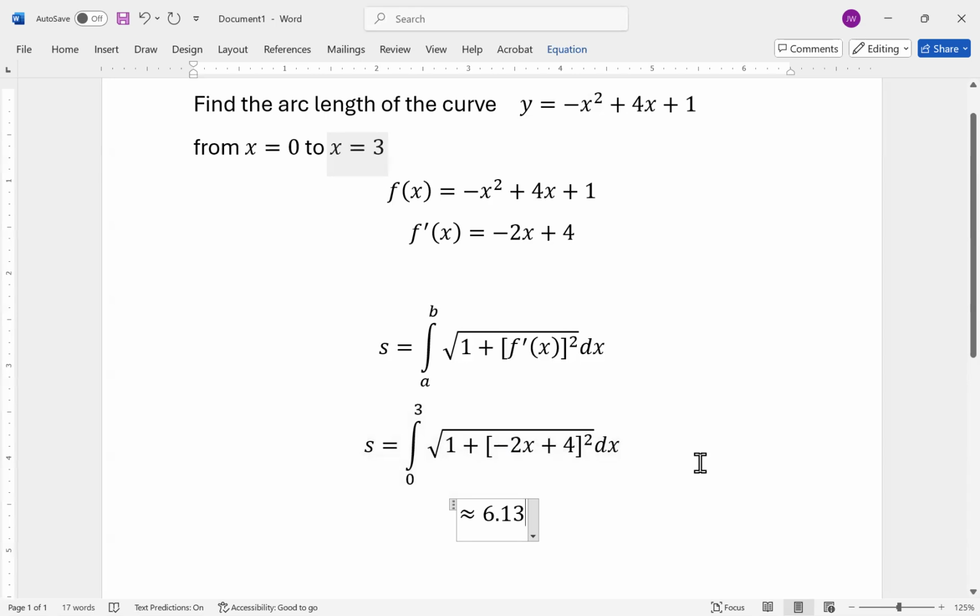It's doable with some high-level techniques, but in this case, it's easier to just get the approximation of about 6.13. So that's how we calculate arc length. The arc length of that curve from 0 to 3 gives us about 6.13.